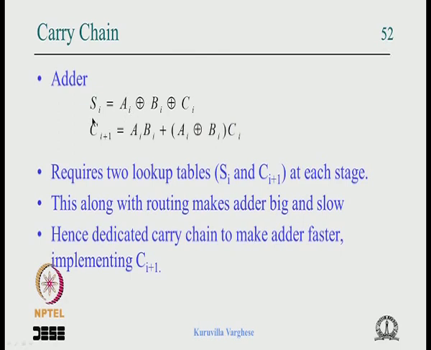But for each stage you need two outputs, a sum output and a carry output, and if you implement this in two lookup tables, then you need to interconnect them with wires. When you cascade the full adders, the total delay will be very high. So it is advantageous if this part is hardwired or put into dedicated logic, and that is what the carry chain is all about.